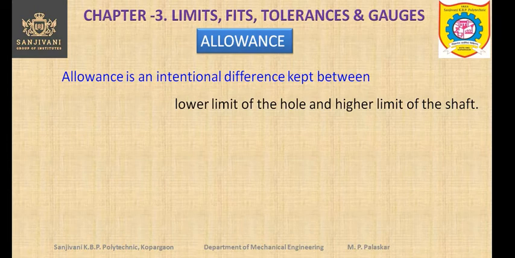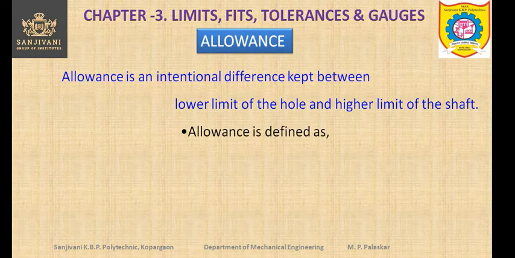That means if the smallest hole is larger than the largest shaft, then there is some positive allowance, or clearance. This difference is kept intentionally so that we can obtain the required fit.